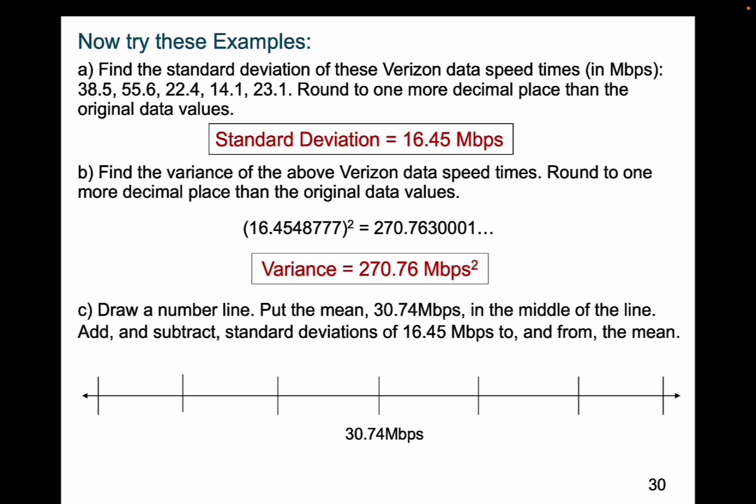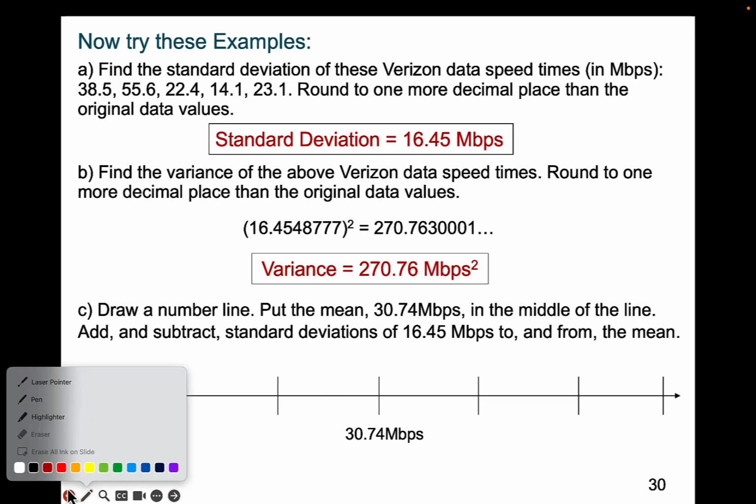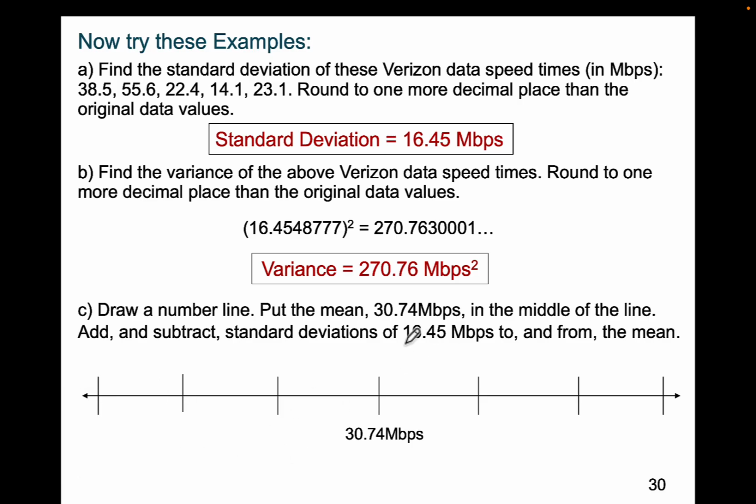So you need to hit the plus sign, and then 16.45. If you add 16.45 to that, we get 47.19, and I want you to put that right here on the number line, and then do it again. Add 16.45 to that. It'll get us to 63.64.